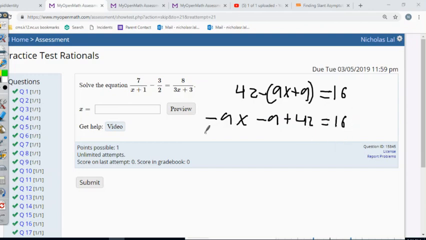So that's going to be negative 9x plus 40. 40 minus 7 is going to be plus 33 is equal to 16. So negative 9x is equal to, wait, that is 7. 40 minus 7 is 33. That's right.